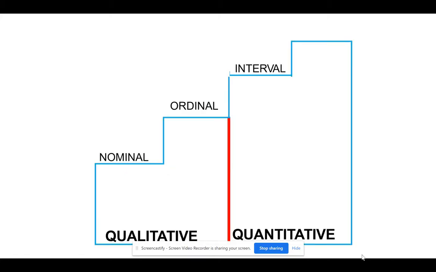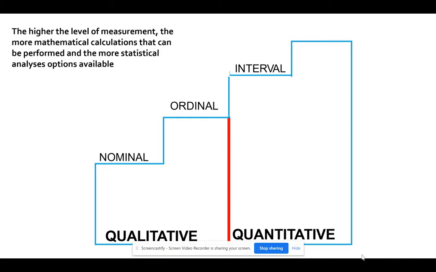We also can classify data by level of measurement. And again, it still is associated with the idea of being qualitative or quantitative. And there are four levels. The higher the level of measurement, the more mathematical calculations we can do, and the more statistical analysis options that we will have.